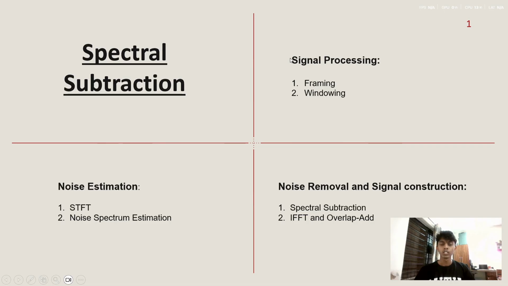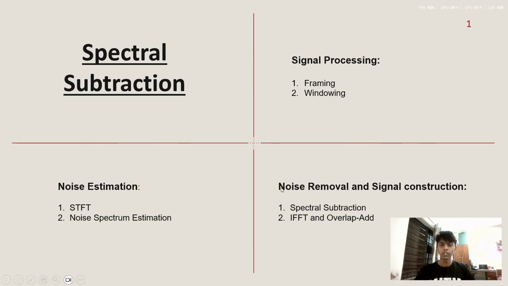This is done in three main steps. First is signal processing: we process the noisy signal by framing and windowing, creating small frames. The next step is noise estimation: we estimate the noise frequencies in the audio signal.